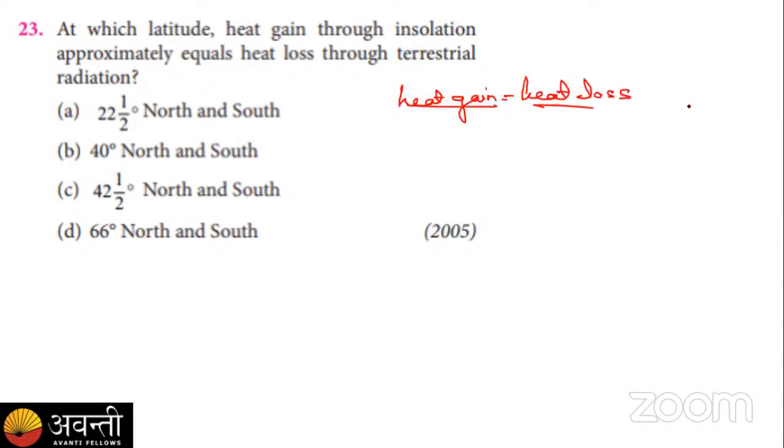As we know, around the equator, the heat gain is more, right? And as we move towards the poles, at the poles the heat loss is very high. So what is the correct position on the earth where we have an equal amount of heat gain and heat loss?